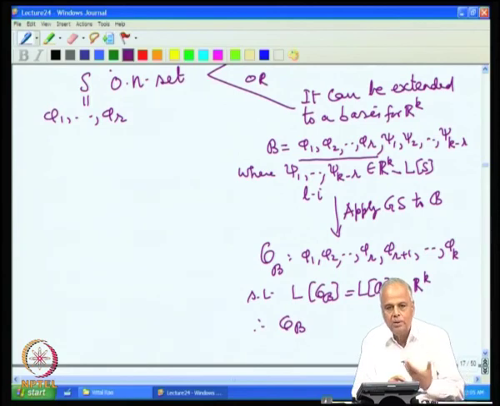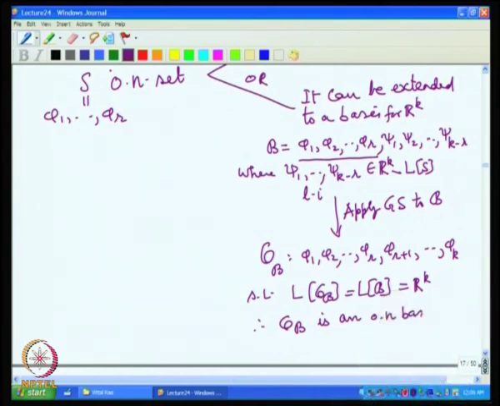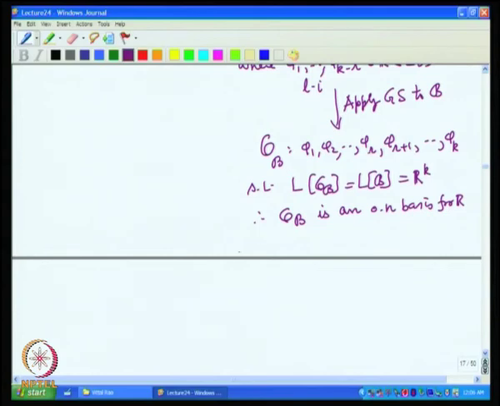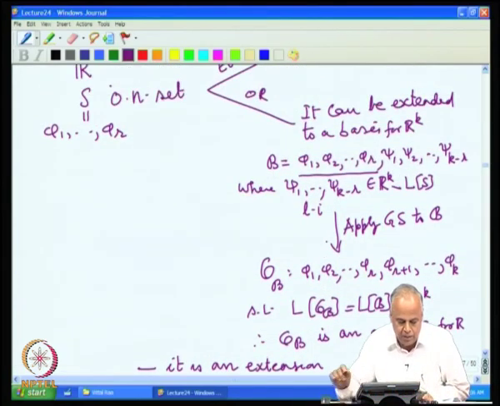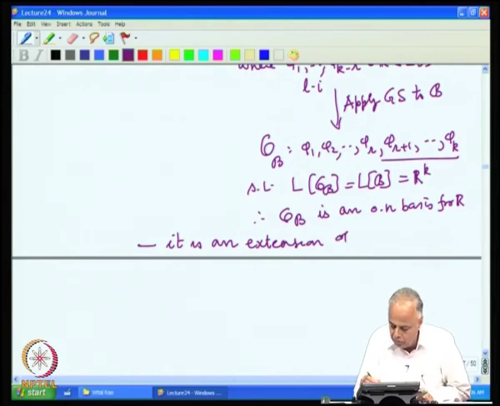Any orthonormal set which spans is an orthonormal basis. So, OB is an orthonormal basis for R k, and you observe that it is an extension of S. The set we started with was this, and we have now extended it by adding this.